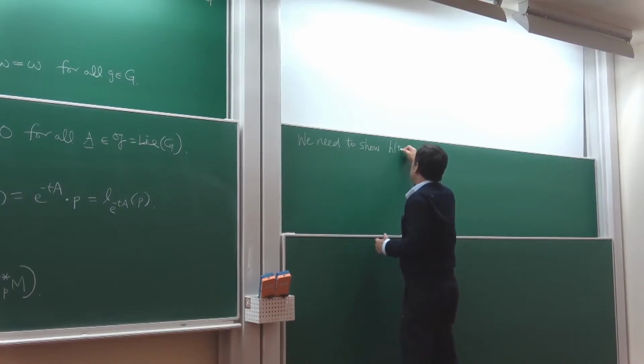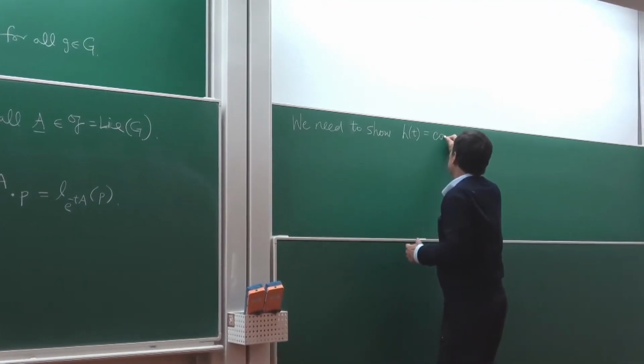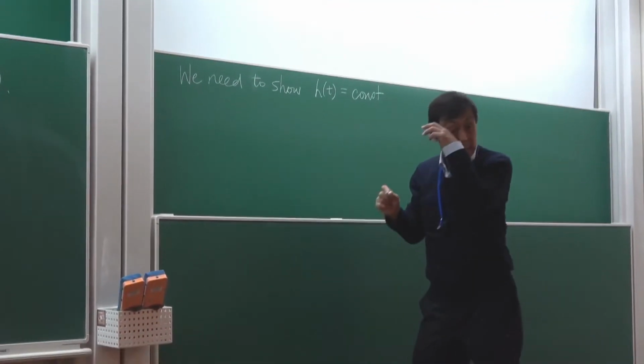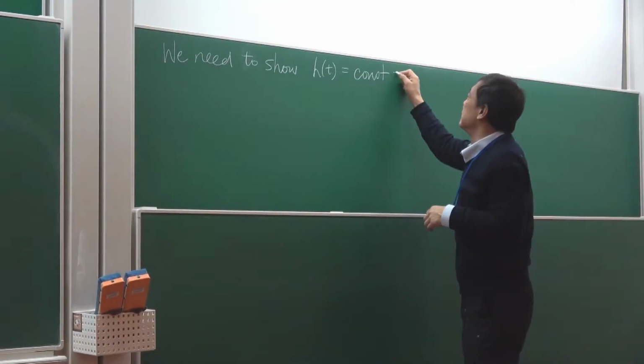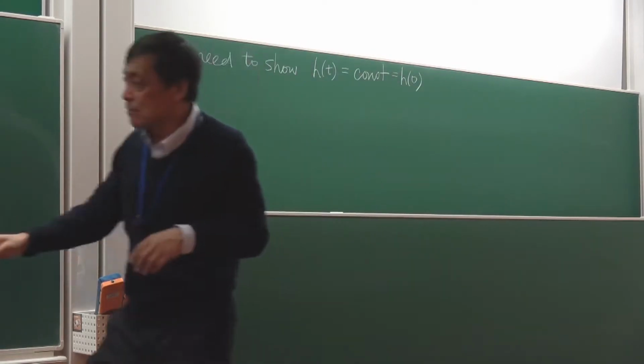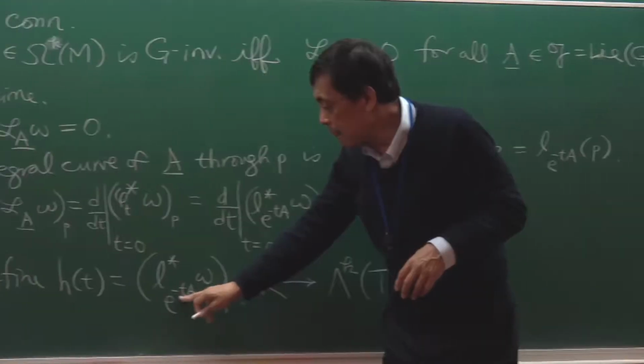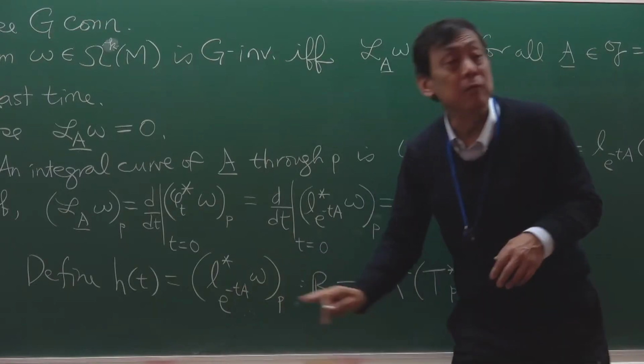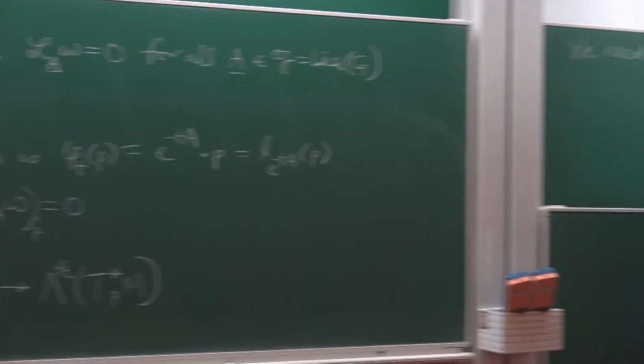that h of t is constant. If it's constant, then it's equal to h of 0. And h of 0, that's the identity, so h of 0 is omega.